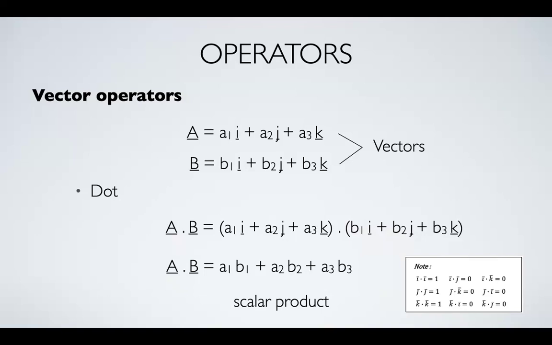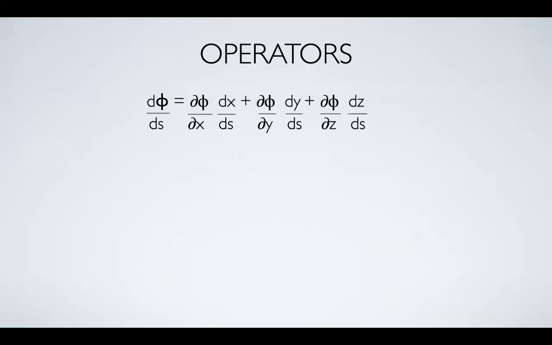Any questions from Zoom? Nope. All right. So previously we have this chain rule, where we have d phi by ds, and previously we also have vector A dot vector B, which we just derived.